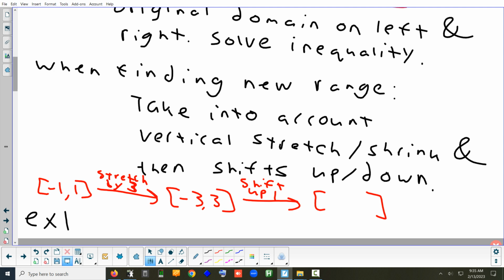Yep. Think of it, it's all shifting together. You're not leaving one where it is and moving the other one. They move together, so -3 to 3 would be -2 to 4. That's all I do to figure out the range: figure out if there was a stretch and then a shift. And that's just an example.